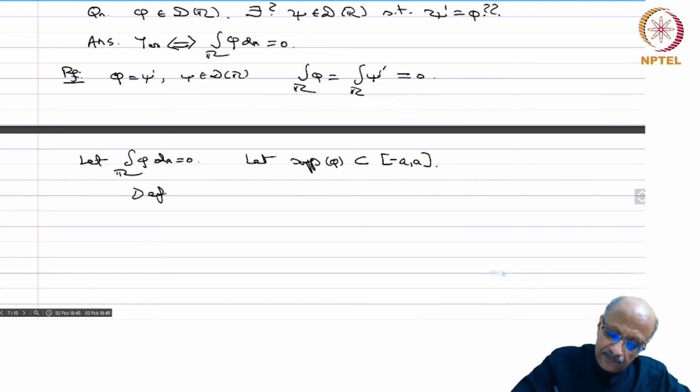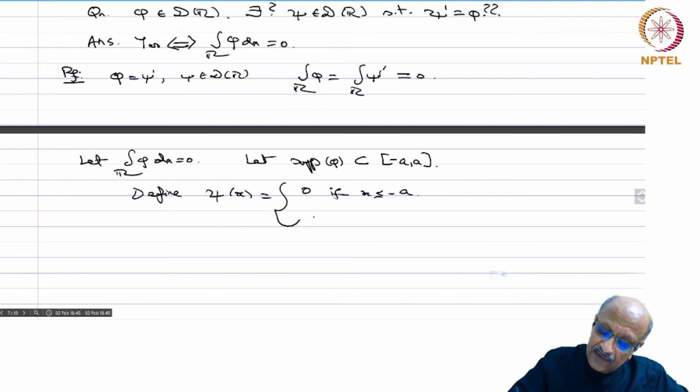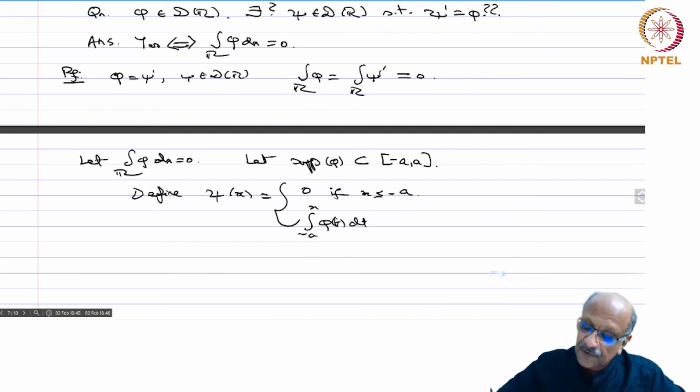Now define psi of x equal to 0 if x is less than or equal to minus a, and equal to the integral from minus a to x of phi of t dt if x is greater than minus a. So this is continuous.